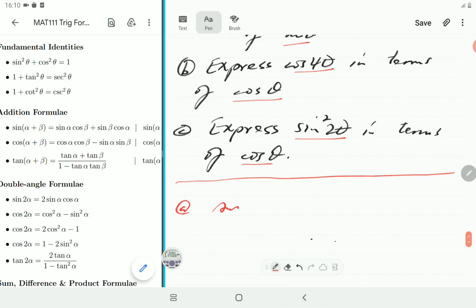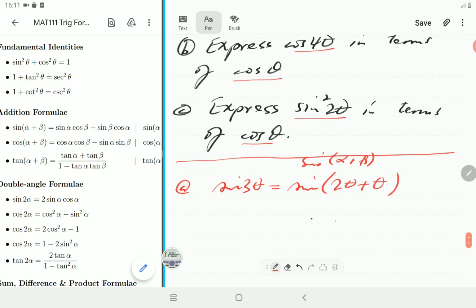Okay, let's look at the first one. So in the first one, we've got sine 3 theta, which we are first going to write as sine 2 theta plus theta. And then we're going to use the addition formula for sine. So our alpha is going to be 2 theta. Our beta is going to be theta. So it's going to be sine 2 theta cos theta plus sine theta cos 2 theta.